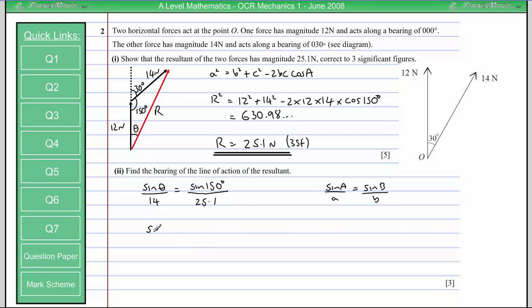Let's multiply both sides by 14. I get sine theta equals 14 sine 150 divided by 25.1. So to get theta, I need to use inverse sine of everything on the right hand side.